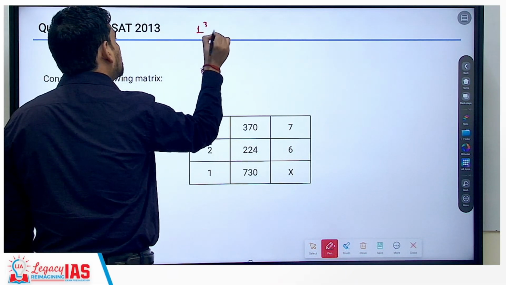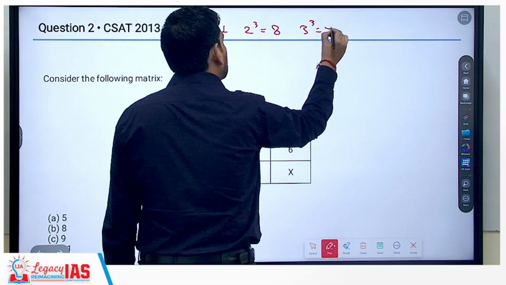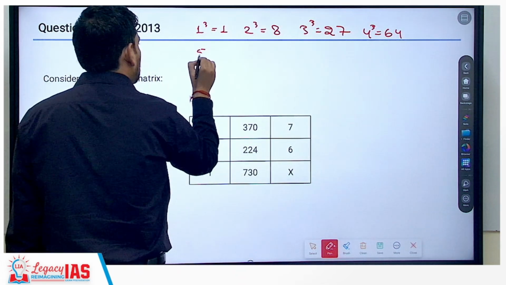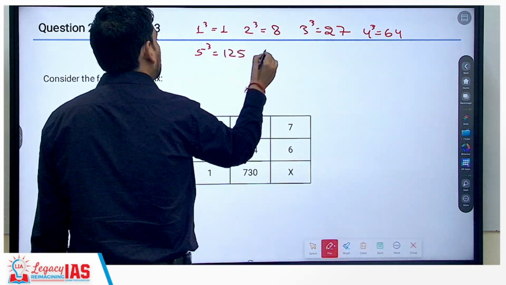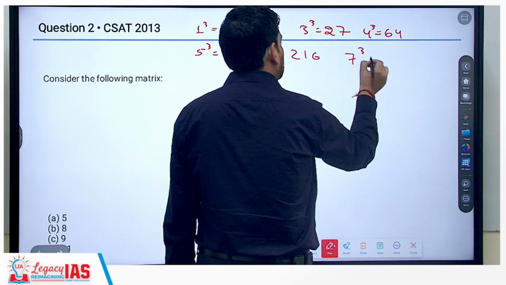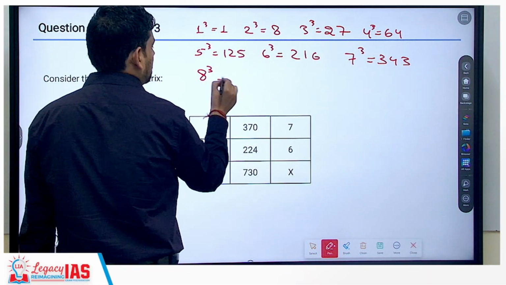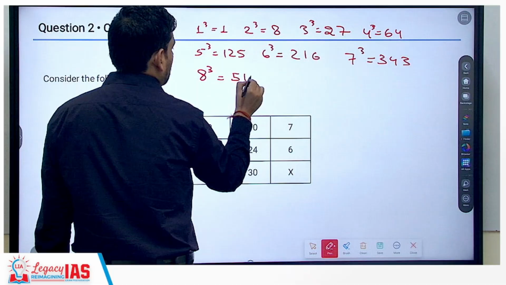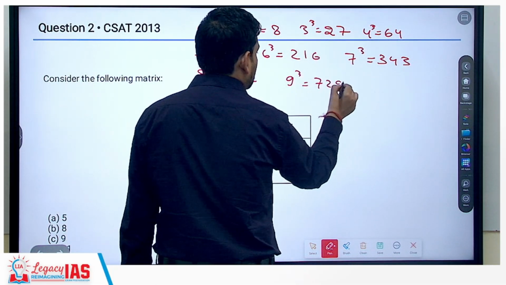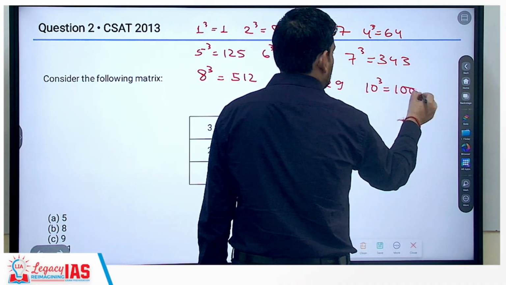So 1 cube is 1, this you know, then 2 cube is 8, then 3 cube is 27, then 4 cube is 64, 5 cube is 125, 6 cube is 216, 7 cube is 343, 8 cube is 512, then 9 cube is 729, and then 10 cube is 1000.